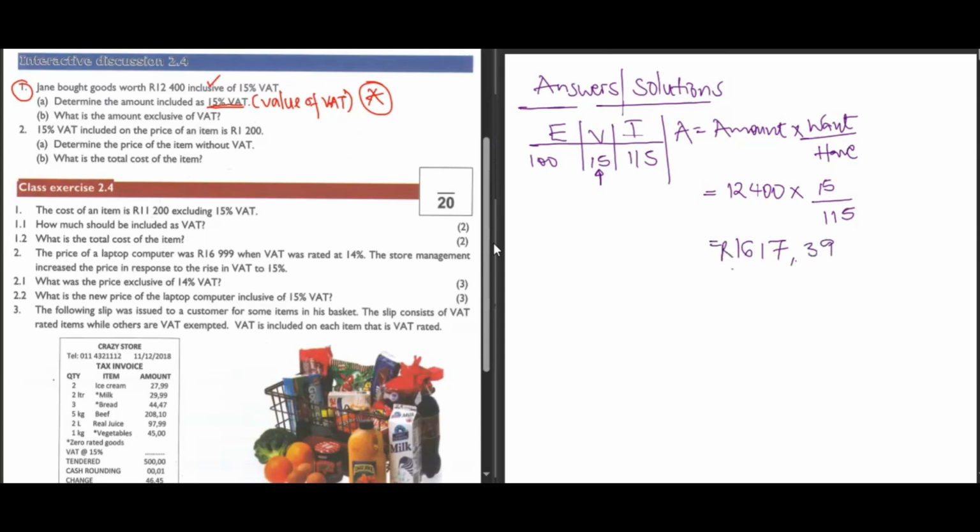This is the amount of VAT that we have. And this is question number 1, part A.